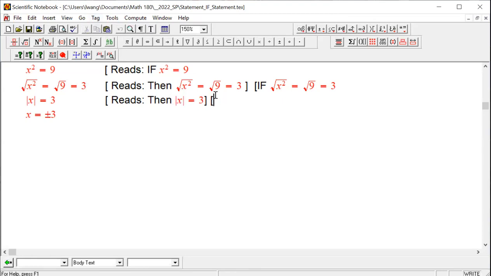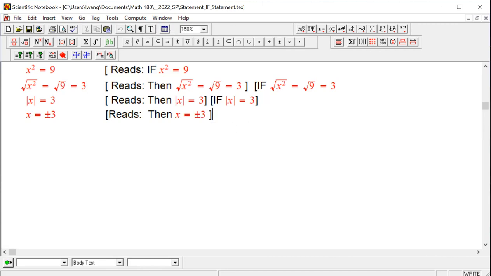You can see a lot of those repeats are being omitted. So if, let me try to keep it consistent, and then we read it as then x equals +3 or -3.